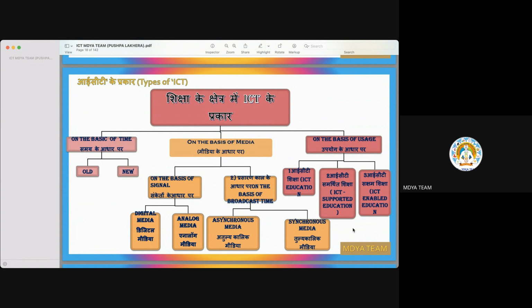On the basis of media, they are again of two types: on the basis of signal and on the basis of broadcast time. On the basis of signal, they are analog and digital, continuous and discrete. On the basis of broadcast time, they are synchronous and asynchronous. Third one is on the basis of usage. They are again three types: ICT education, ICT supported education, ICT enabled education. In case of any issue, any confusion, you may ask.